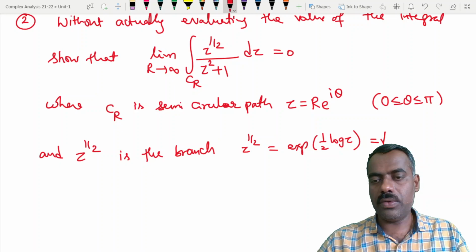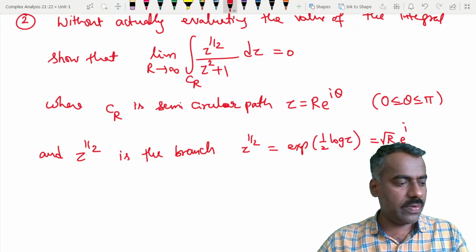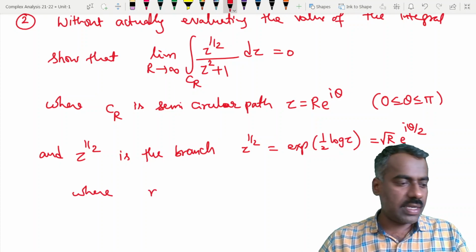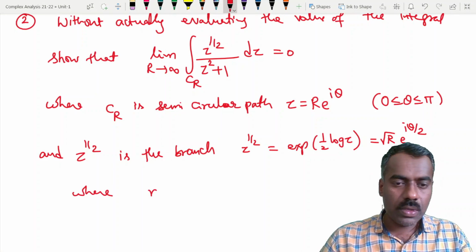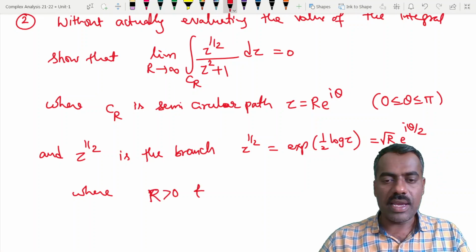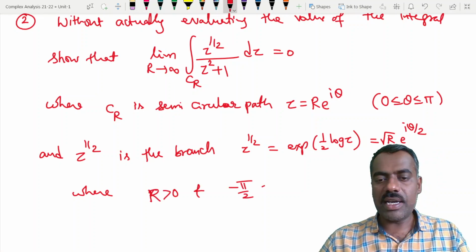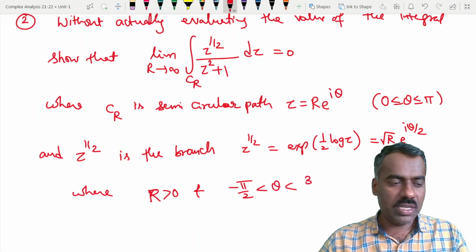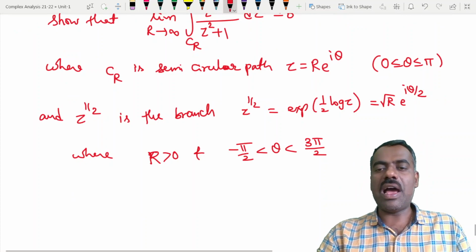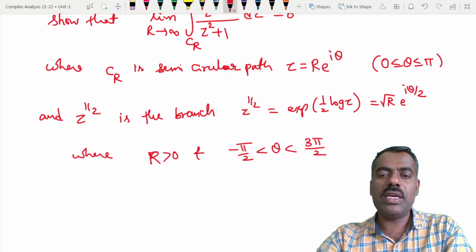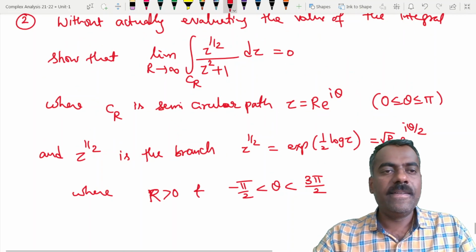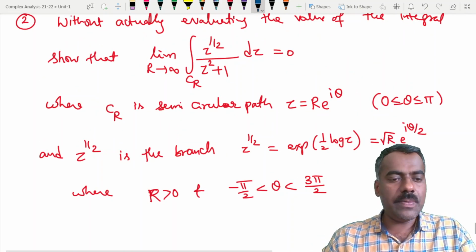If you want, you can write this as R e power i theta by 2, where capital R is greater than 0 and theta is between minus pi and pi. That means this principal branch, we know theta is from alpha to alpha plus 2 pi. So here our alpha is minus pi. Fine, the proof is not at all difficult.